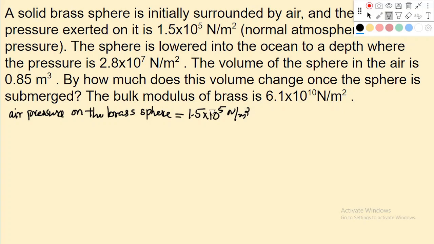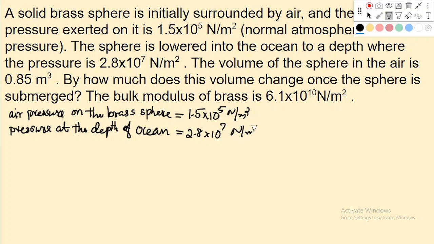The pressure at the depth of the ocean is equal to 2.8 into 10 raised to 7 Newton per meter square.